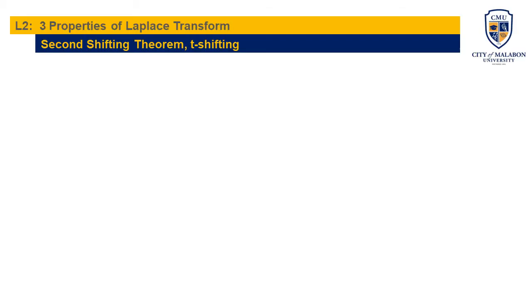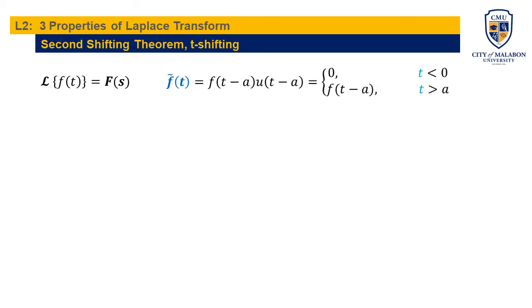Alright? Next, we have the second shifting theorem or yung ating t shifting. So, in this theorem or in this property, sinasabi na if yung ating function is a shifted function, so that is defined in this particular equation.